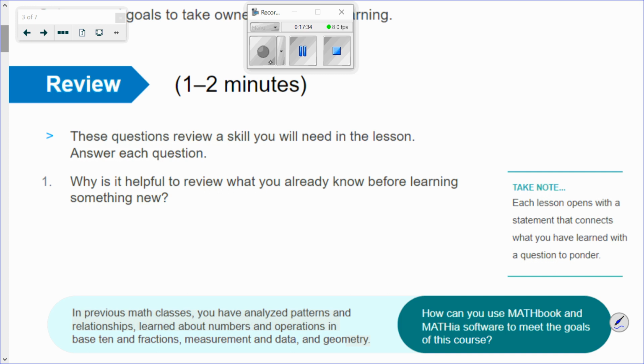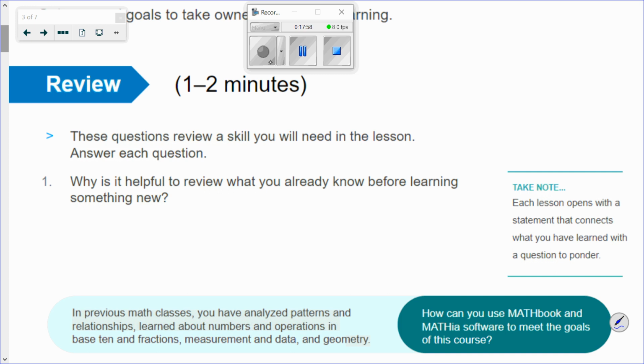Each lesson opens with a statement that connects what you have learned with a question to ponder. So they're actually going to want you doing a lot of self-reflection. In previous math classes, you've analyzed patterns and relationships, learned about numbers and operations in base ten and fractions, and done measurement and data and geometry. So you have all of these skills already from previous math classes.